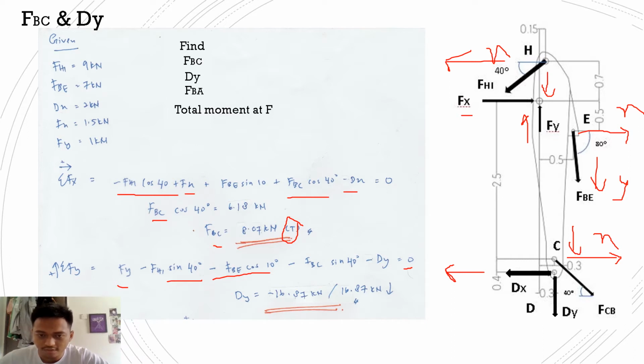So negative FBC sin 40 minus DY, because DY going down, and equal to 0. Then I find the answer of DY is negative 16.87 kilonewton, or we can say that DY has a magnitude of 16.87 kilonewton going downwards.